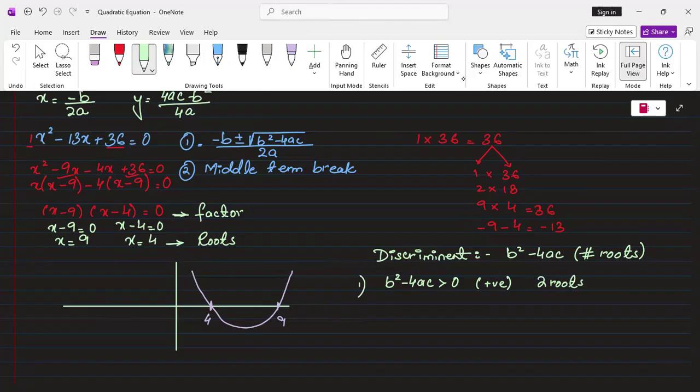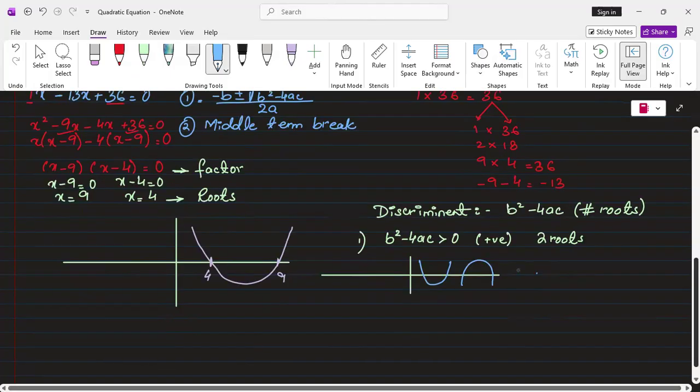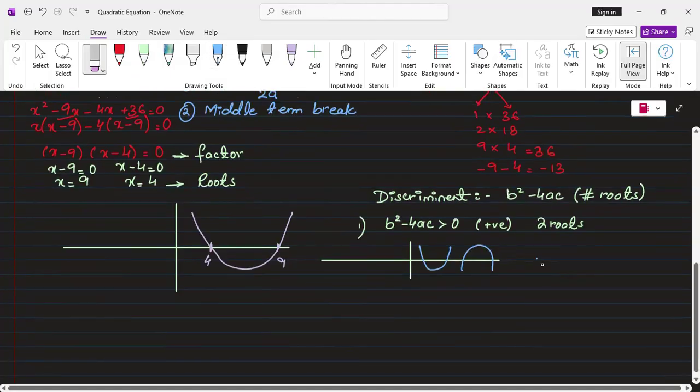So your curve would be cutting the x-axis at two points. It's going to look either like this or like this. It could be a happy face or a sad face, but your curve would be cutting the x-axis at two different points as it has two roots.